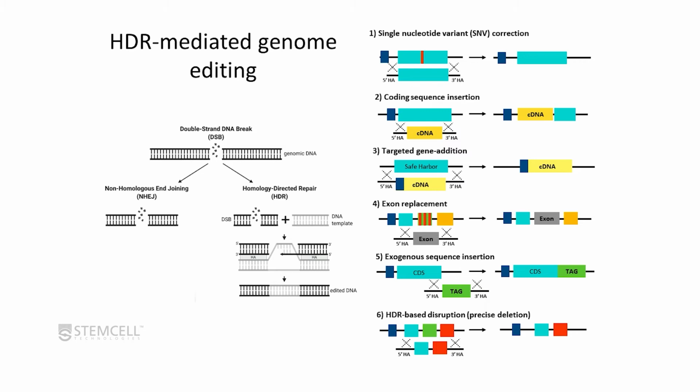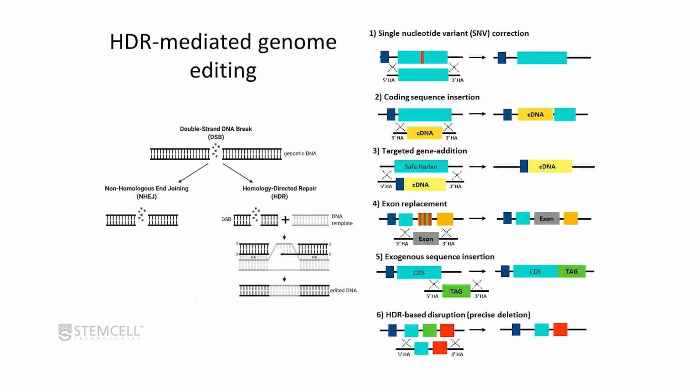In number 3 here, I'm showing you an example of integrating sequences that contain both a promoter and a coding sequence, and these are generally best placed in genomic loci known as safe harbors. These are well-characterized regions that are dispensable for the particular cell type being targeted or the organism, and we'll talk a lot more about this.